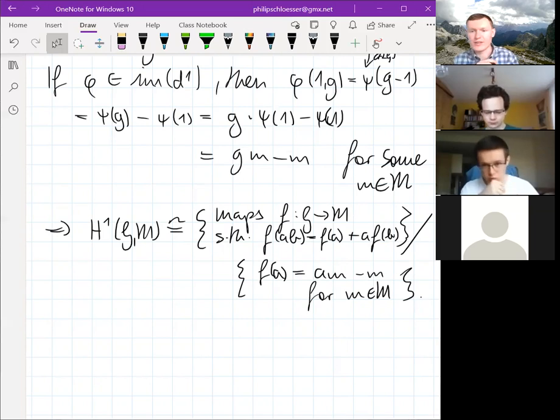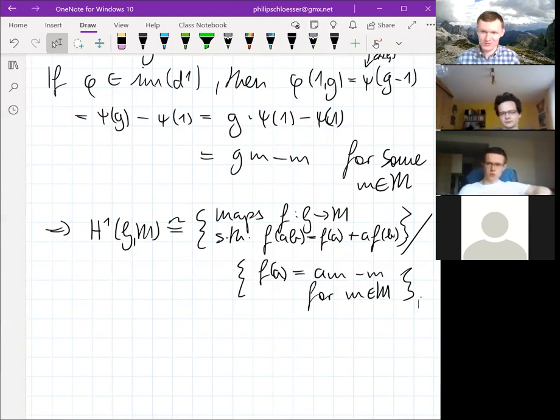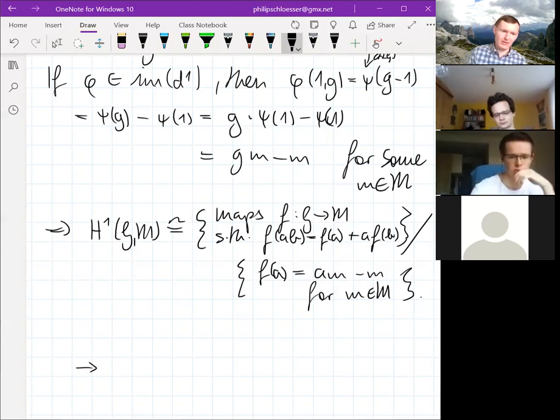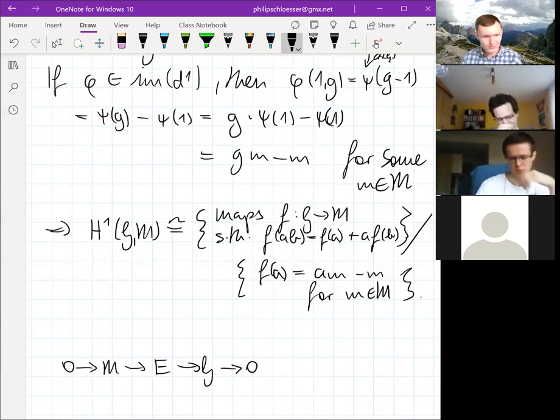I guess it's already getting kind of late, but if you want more examples, you can look at the lecture notes and especially at the document on second cohomology, where I derive exactly in what way the second group cohomology group and the second Lie algebra cohomology group classify central extensions, meaning diagrams of the shape 0 to M to E to G, for our fixed G and our fixed M. So what can this E be?